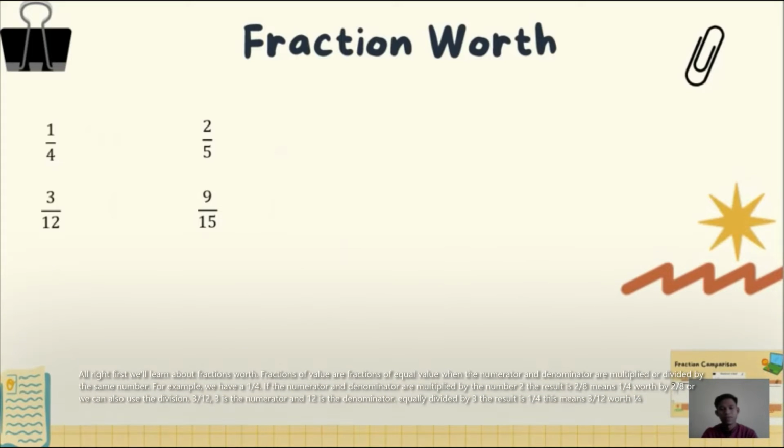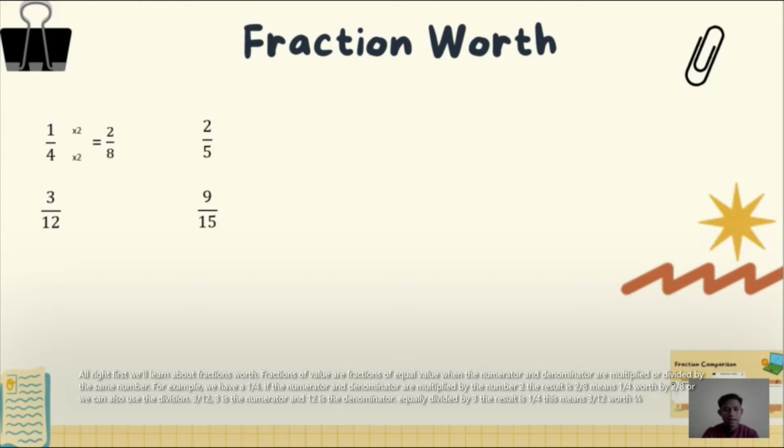Alright, first we will learn about equivalent fractions. Fractions of equal value are fractions that have the same value when the numerator and denominator are multiplied or divided by the same number. For example, we have 1 quarter. If the numerator and denominator are multiplied by the number 2, the result is 2/8.